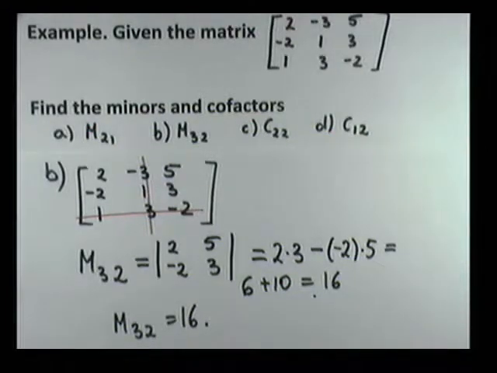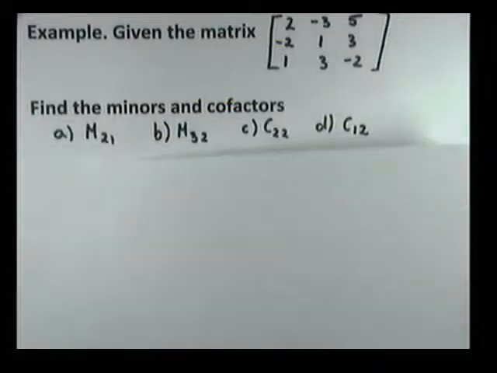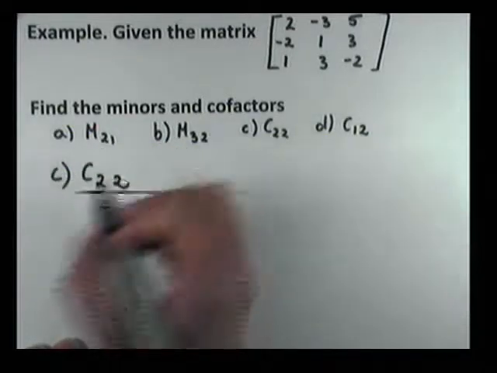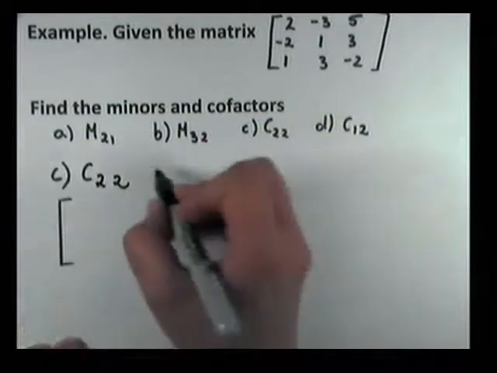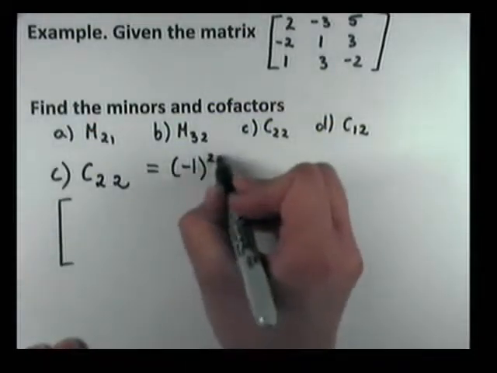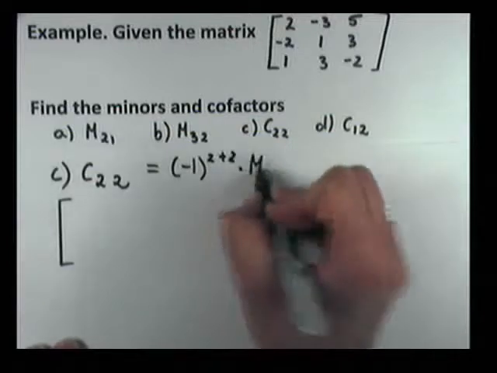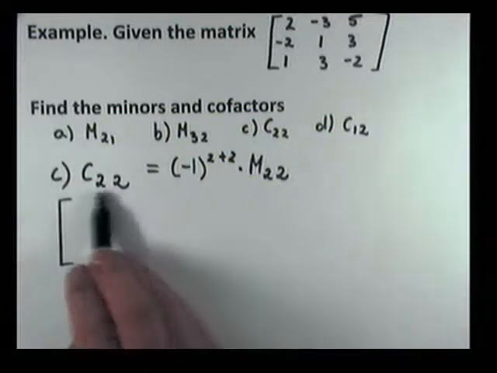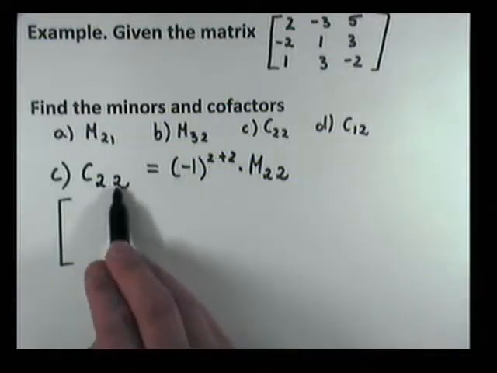Okay, now we need to find the cofactor. For the cofactor, you just add this minus 1 to the exponent, that's by definition. We need to find cofactor 2,2. So by definition this is minus 1 to the power 2 plus 2 times the minor of 2,2. Those 2 and 2 we are getting from ij right here.